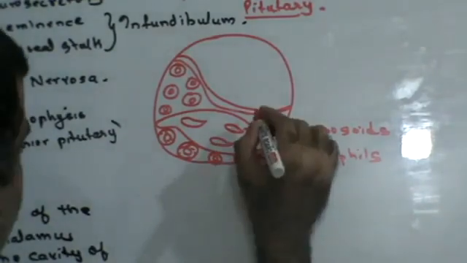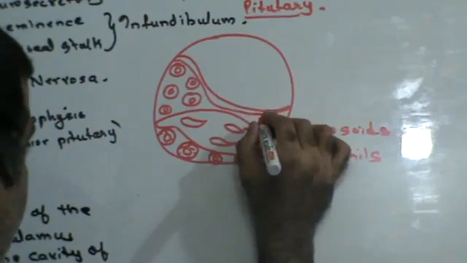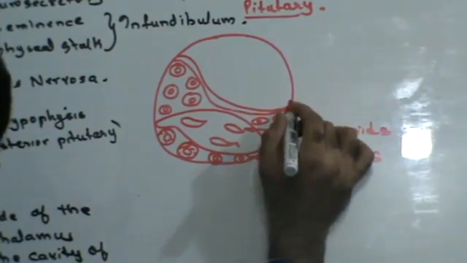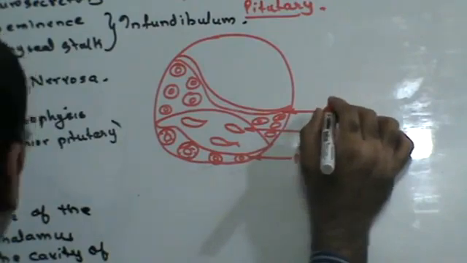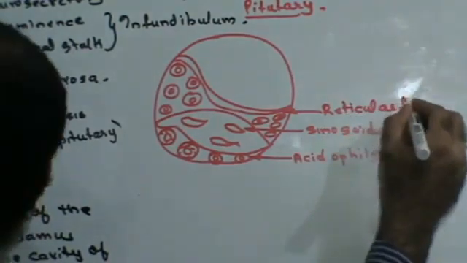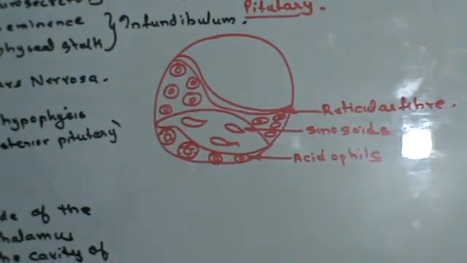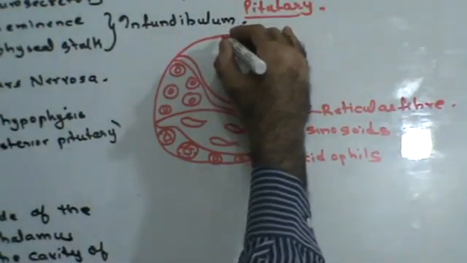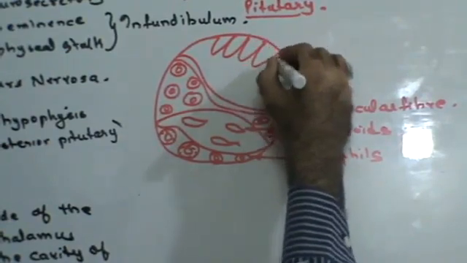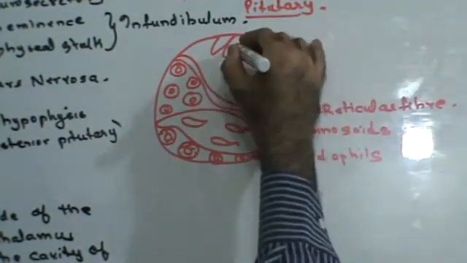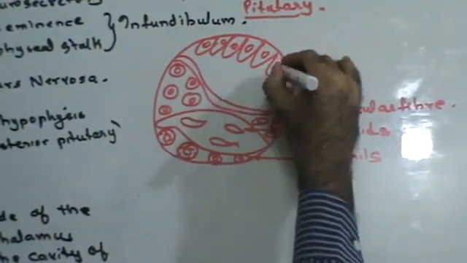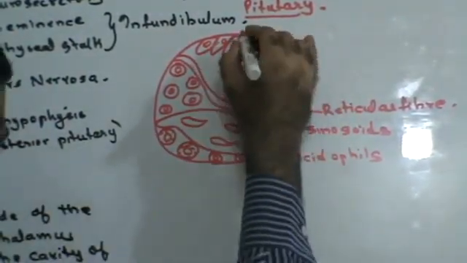This is your reticular fiber, right? And here you will have your basophils and the chromophobes. These are your basophils.